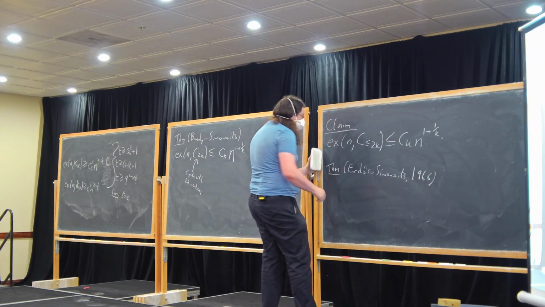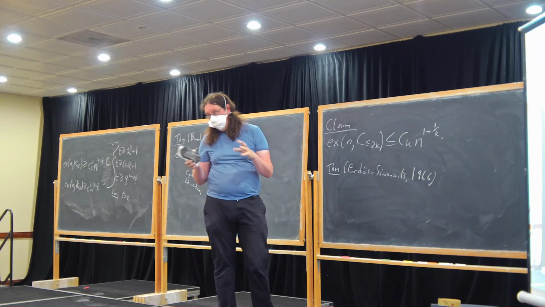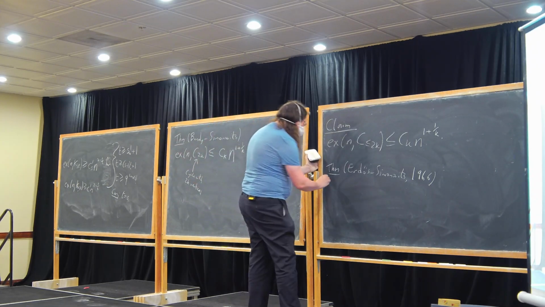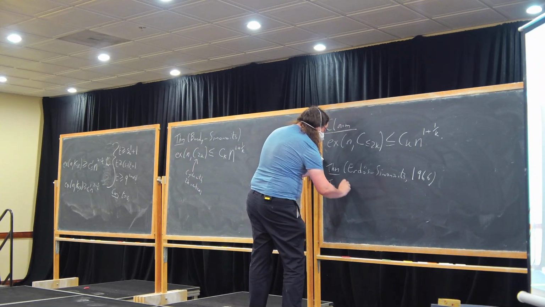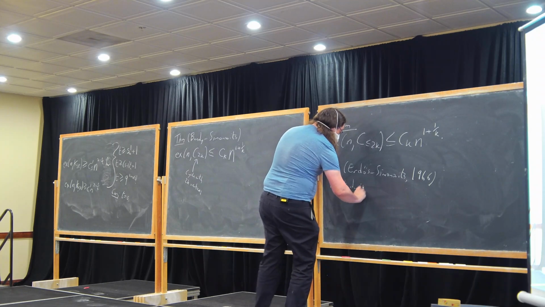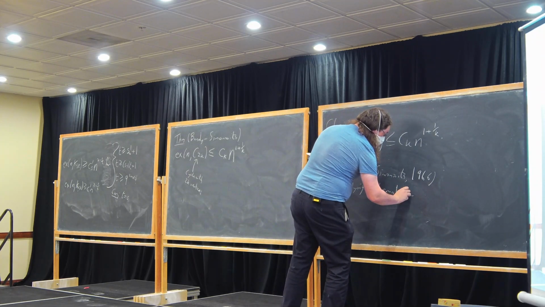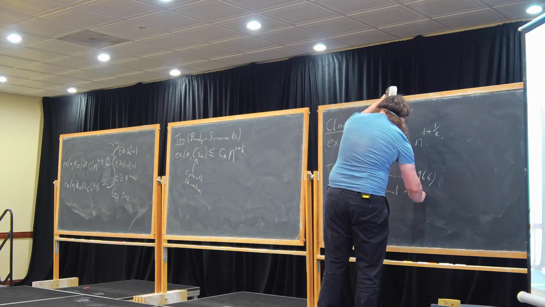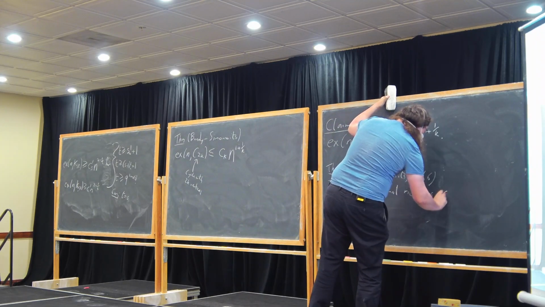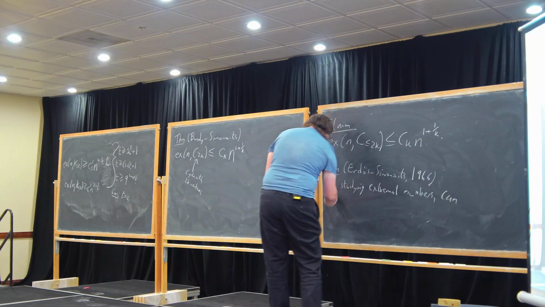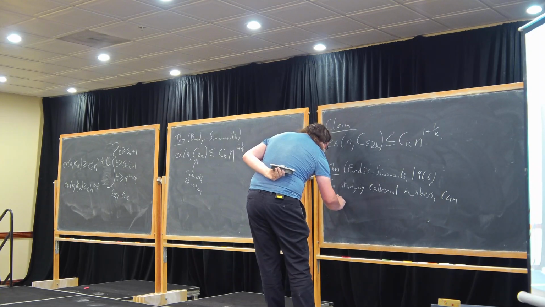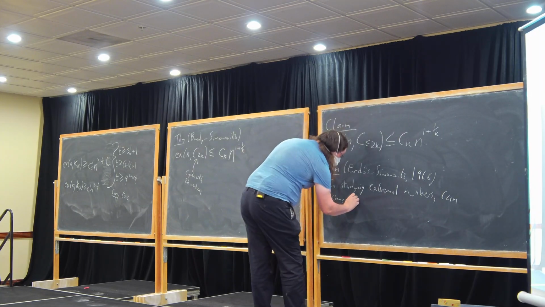It says, basically, I'll state it in a rough form, but this is the spirit of the thing. In studying extremal numbers, and this is needed for the problem set as well, we can assume that the max degree isn't that much bigger than the minimum degree.